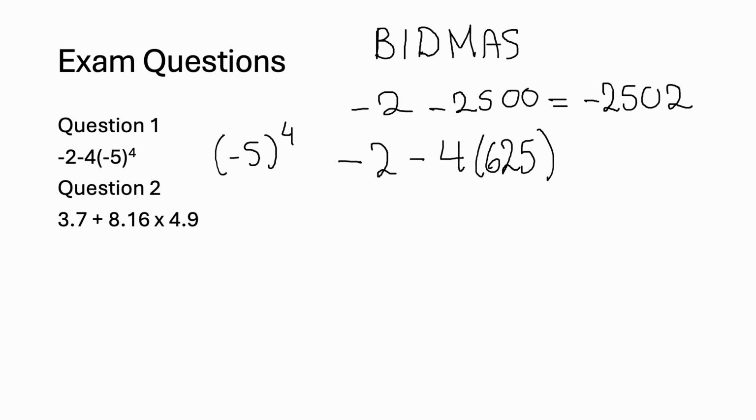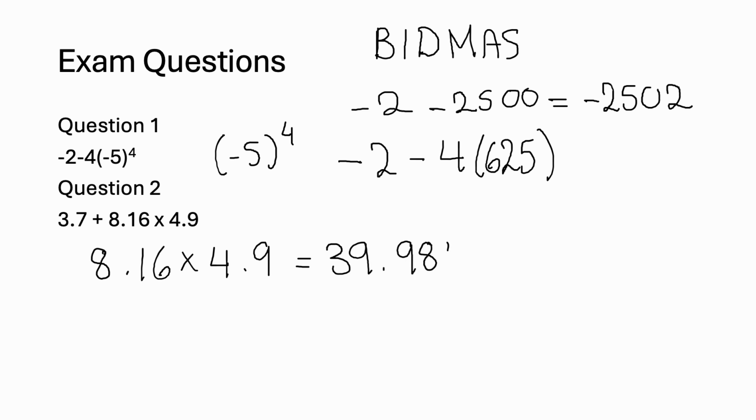Okay, excellent. Question 2. We've got 3.7 plus 8.16 times by 4.9. Okay, using our BIDMAS, we have to do multiplication before we do addition. So we do 8.16 times by 4.9, which is 39.984.